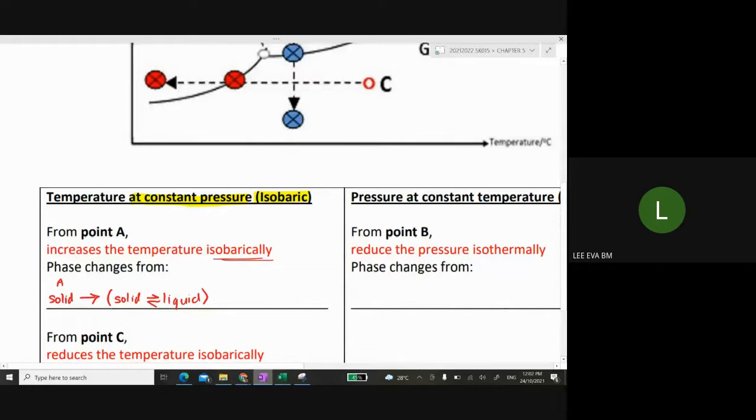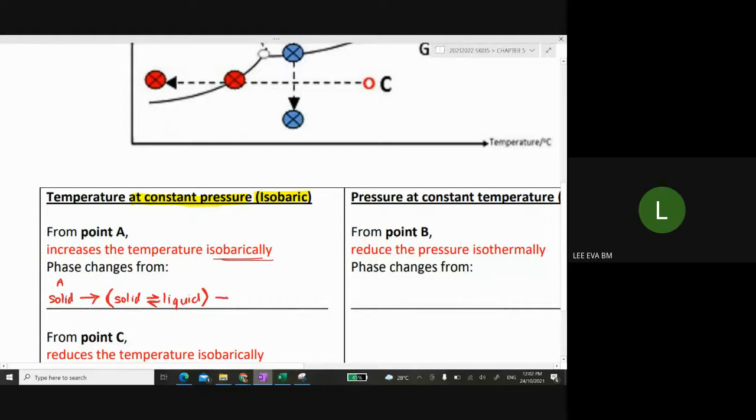When it is in equilibrium, please also put the bracket. So you have solid and liquid in equilibrium. I'm using the sign. Please focus on the arrow. This is the arrow of equilibrium.